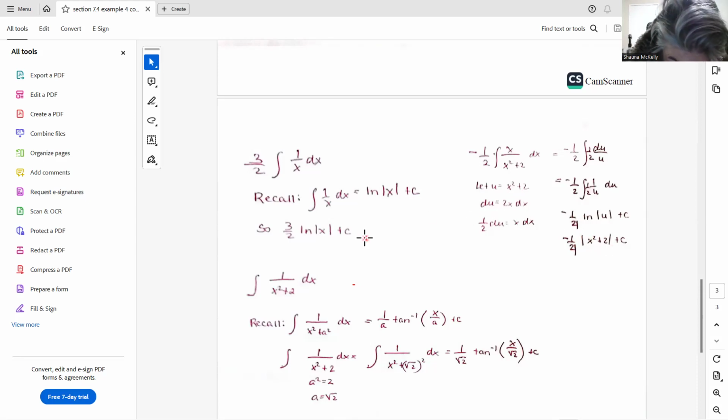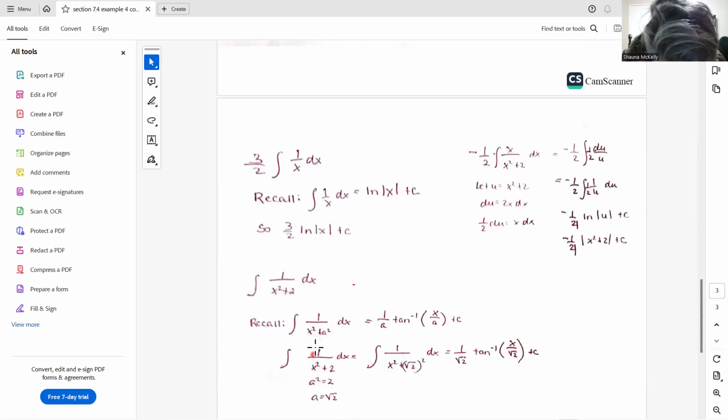Now this integral, this third one, 1 over x squared plus 2 dx. I gave you the little pattern. Recall that the integral of 1 over x squared plus a squared dx is 1 over a times the tangent inverse, or the arctan, of x over a plus a constant. Well, 1 over x squared plus 2 implies that 2 is a squared, because that has to match our pattern.